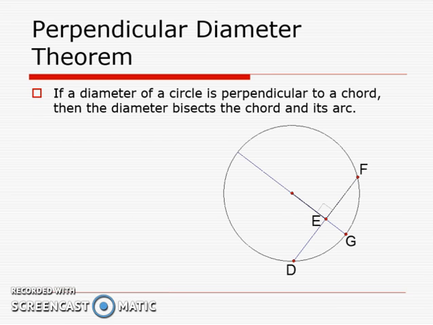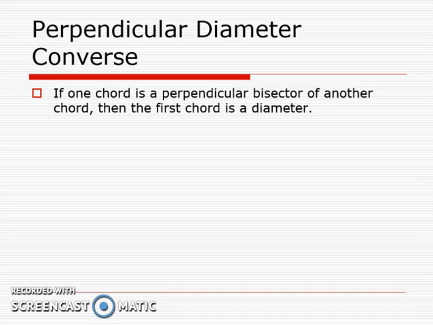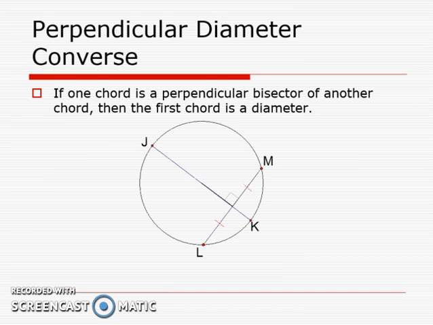If the diameter is perpendicular to a chord, then the diameter bisects the chord and its arc. So here DE is congruent to EF, and arc DG is congruent to arc FG. To go backwards, if they're congruent and it's perpendicular, then it is a diameter. So here JK is the diameter of the circle.